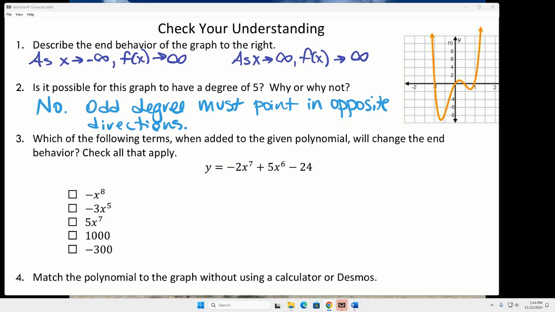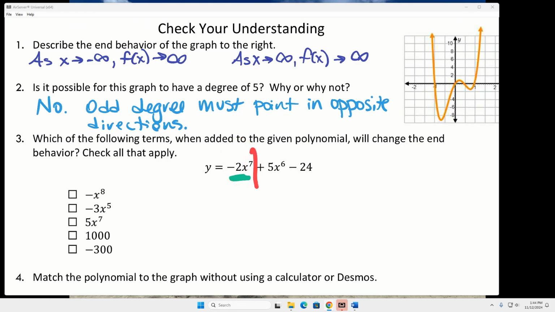Okay, now I really like this question, but it does make you think. Number 3. So it says, which of the following terms, when added to this polynomial, would change the end behavior? And we're going to check all of them. There's more than one that does. And so the only way that adding something would change the end behavior is if it somehow changed the term with the largest exponent.